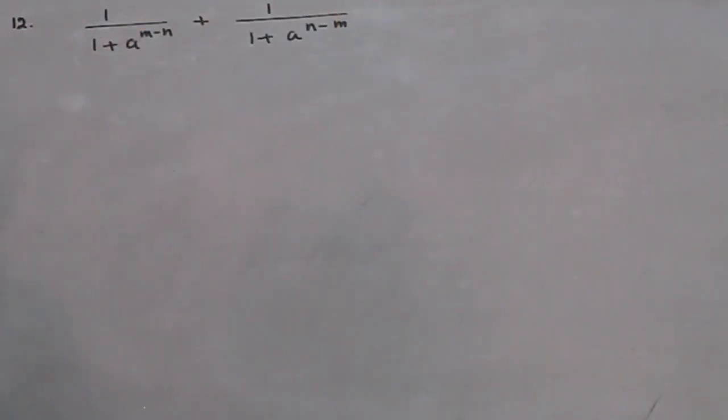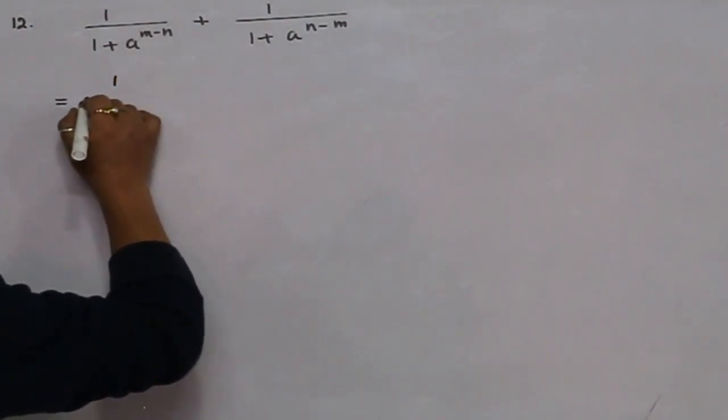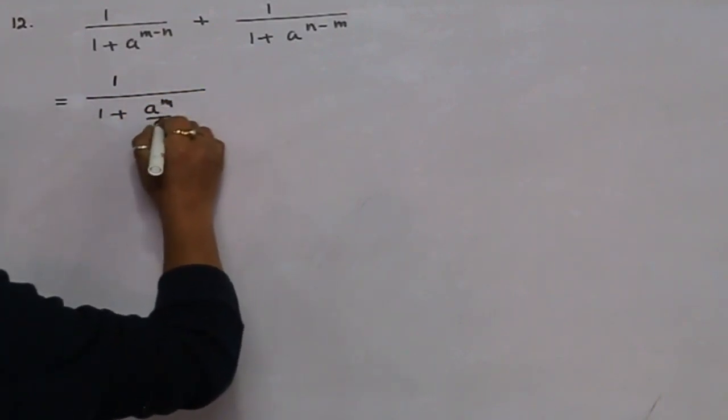Okay. Next, we have 1 divided by 1 plus a to the power m minus n, plus 1 divided by 1 plus a to the power n minus m. So, here this can be written as 1 divided by 1 plus a to the power m upon a to the power n.